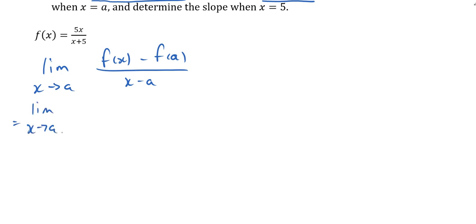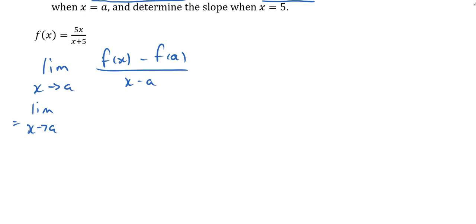Probably the substitution step, this step coming up, is the most important one. If you can get this step, you can probably work out the rest. Okay, but this is where some people have trouble visualizing what it means. F at x. So this is the function f.